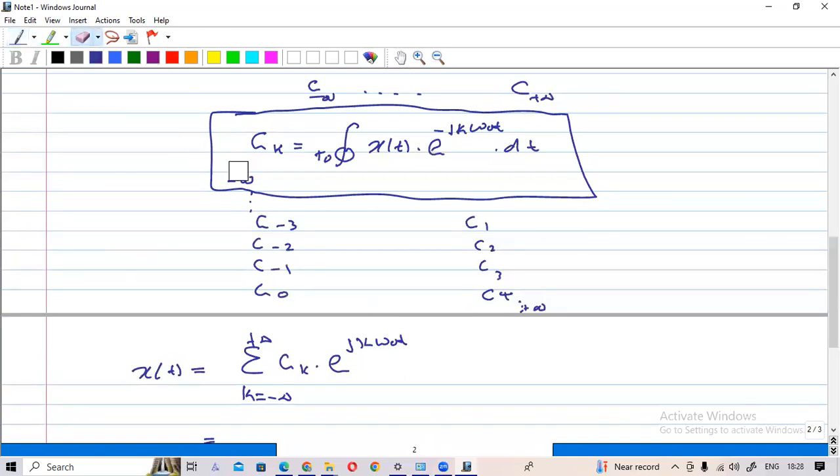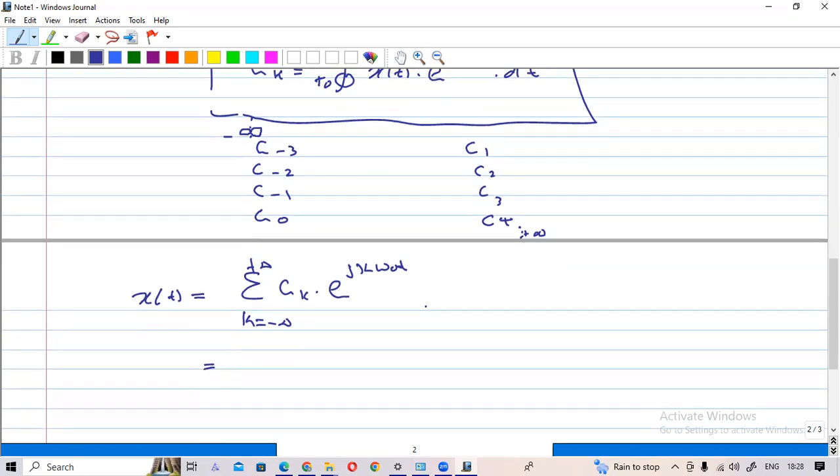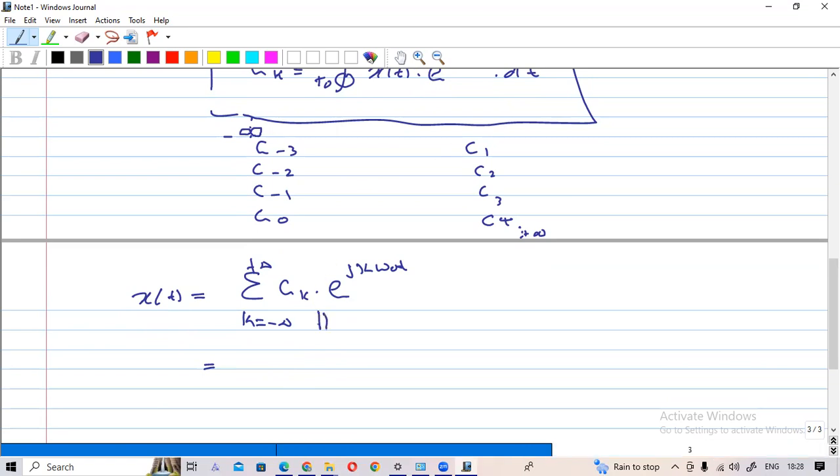Using this identity, you can calculate these Ck coefficients, and then you can write the signal as a collection of complex exponential terms. Once I expand this, x(t) is equal to some terms.